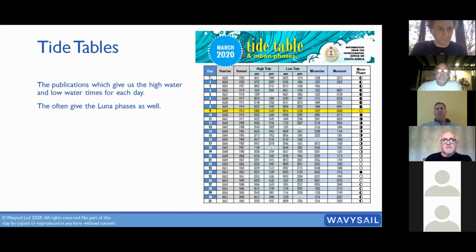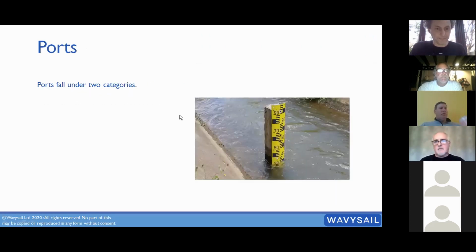March 2020, and then days of the month. Most of them are published by hydrographic officers. Government officers publish them. But they are recorded in certain ports only. That's a tidal height measure.